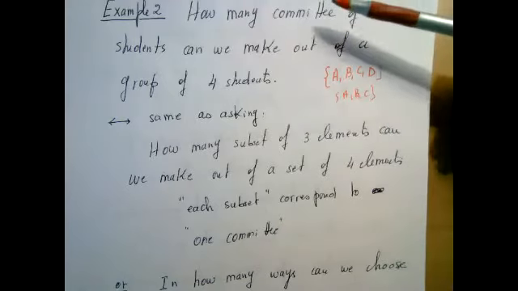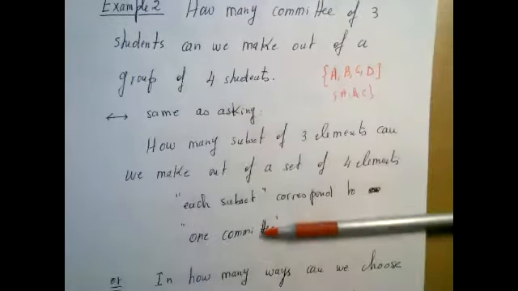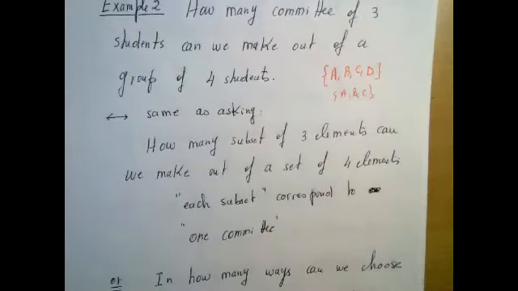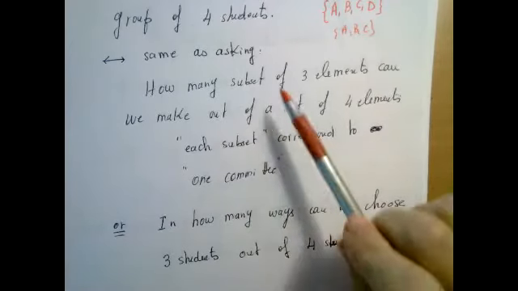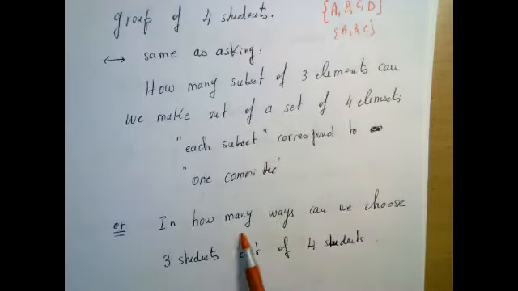So asking again, how many committees can I choose out of 4? It's like asking how many subsets we can choose out of 4. Another way we can ask this question, I'm repeating the same idea in a different format: in how many ways can we choose 3 students out of 4?